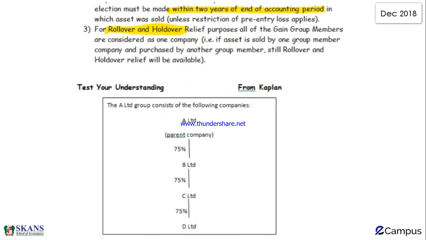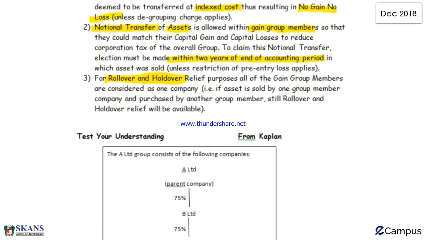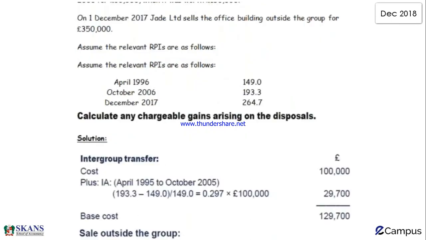All right. But as you can notice, I wasn't discussing these examples in these brackets in detail, well, we will be discussing them now. Green Limited acquired a building on 1st April 1996 for 100,000, and today they are transferring this building to Jade Limited, which is a wholly owned subsidiary. Well, a wholly owned subsidiary means it is a capital gain group member because the holding is more than 75%.